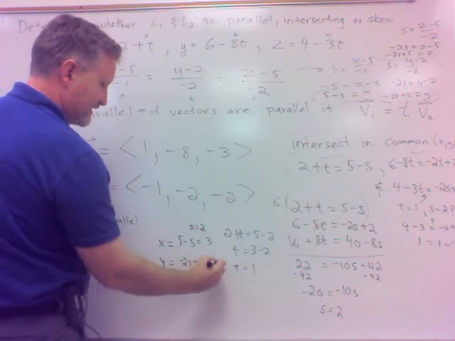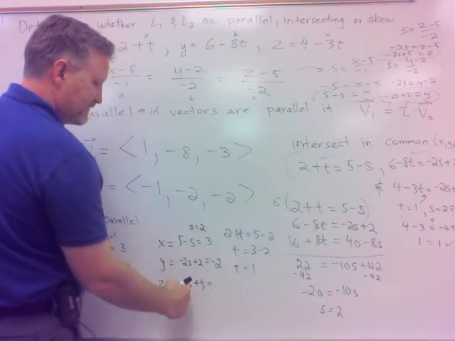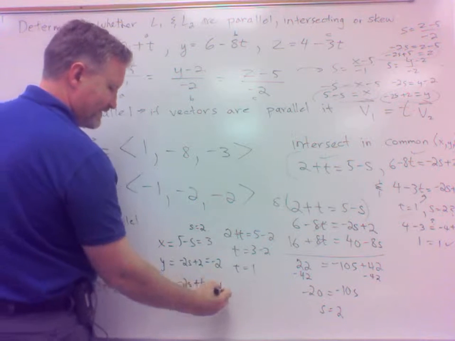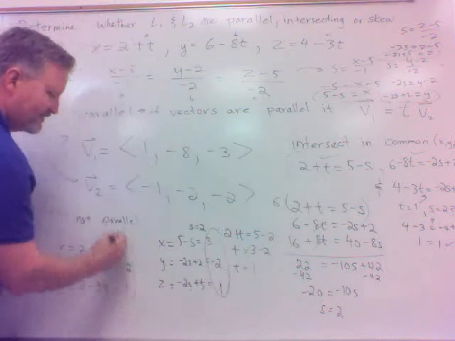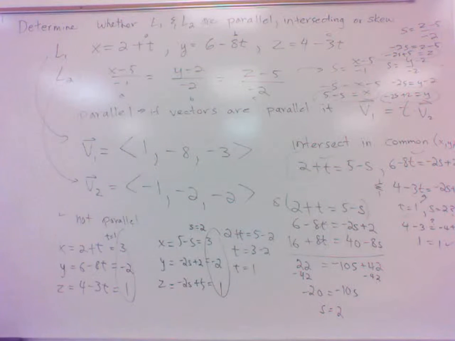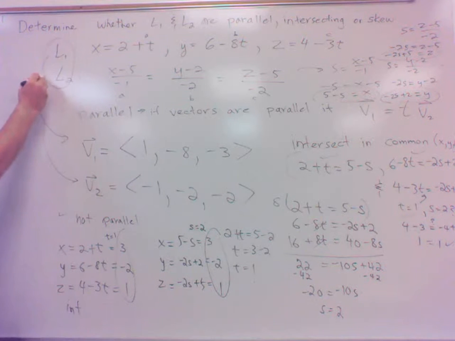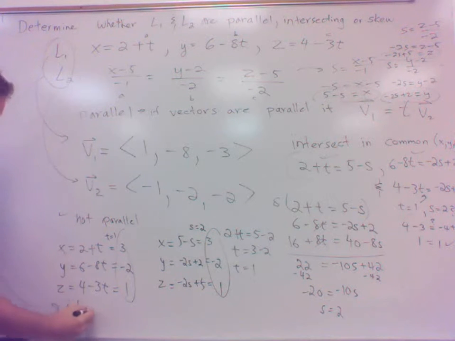Negative 4 plus 2 is negative 2. Negative 2 times 2 plus 5 is 1. So you see you've got 3, negative 2, 1 for both of them. So these lines here intersect at 3, negative 2, and 1.